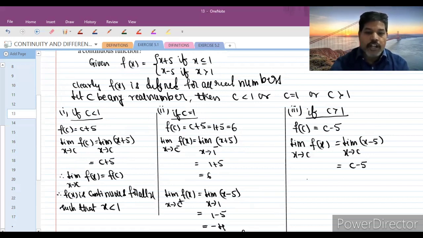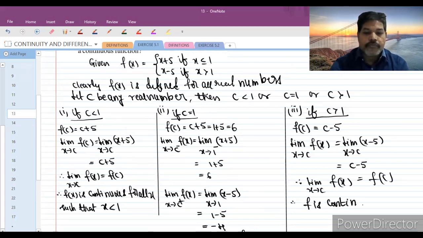Therefore, the limit extending to C of f of x is equal to f of C. So therefore, f of x is continuous for all x such that x is greater than 1.